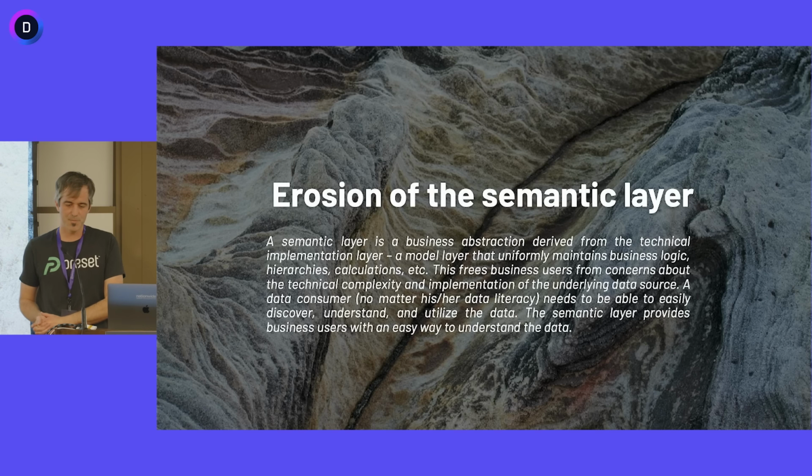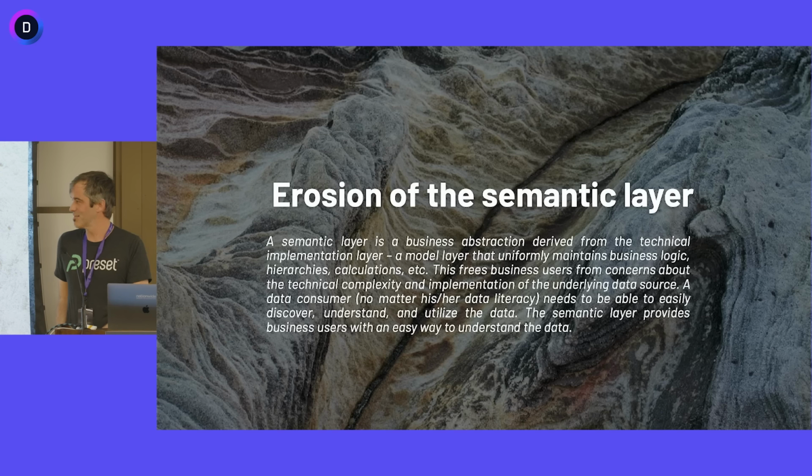So it's an abstraction that enriches your physical data structures for the purpose of self-service. I know I said that twice, but it's a little hard to make sense of.